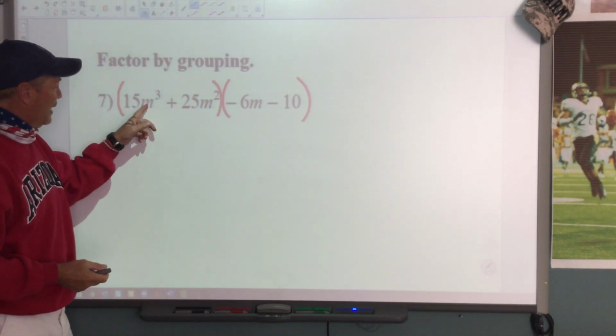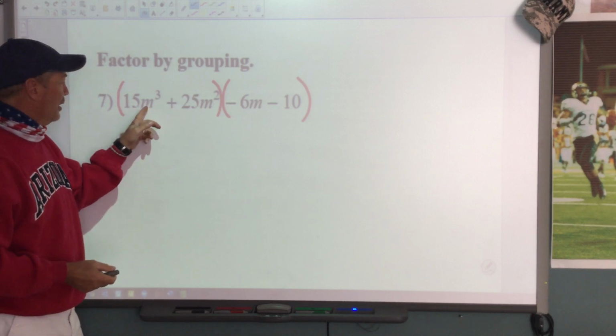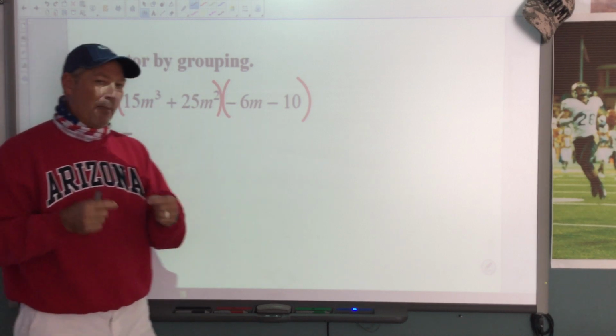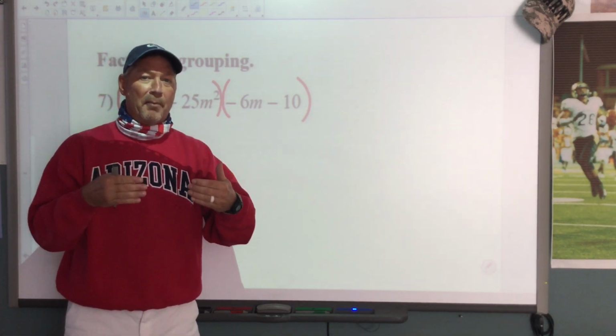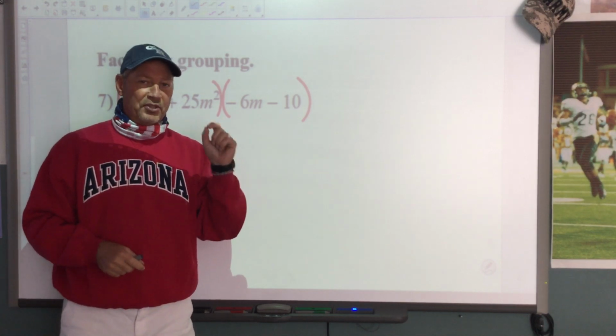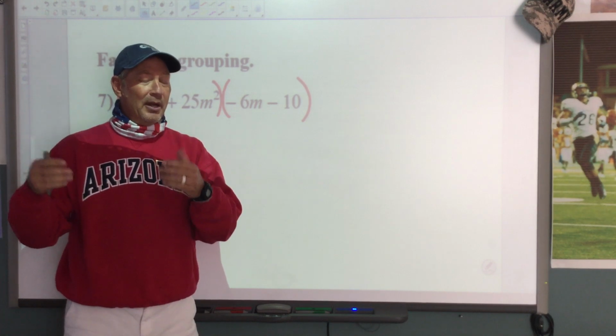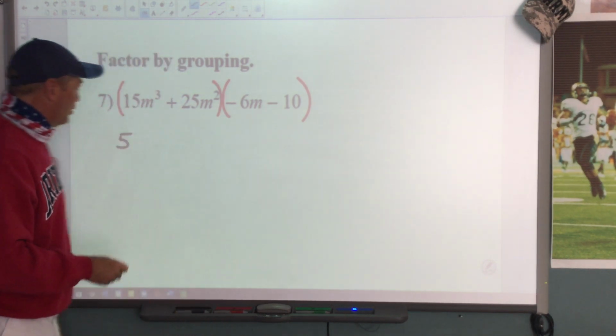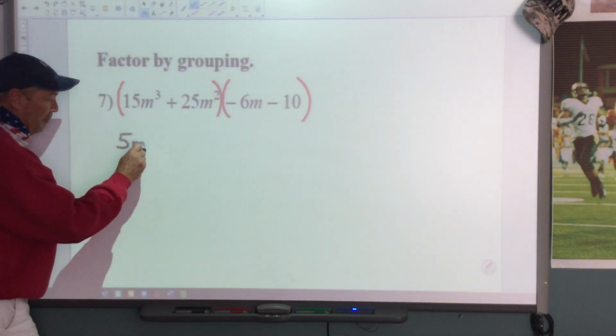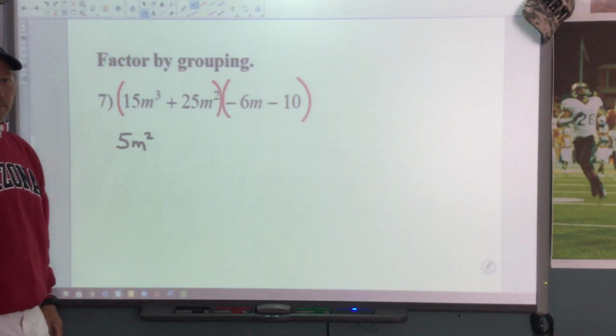But they also have an m in common. They both have an m, but do you remember what happens if they have a variable in common? On the last worksheet, we want the biggest number and the smallest exponent. So this is going to give me an m squared. They have that in common.